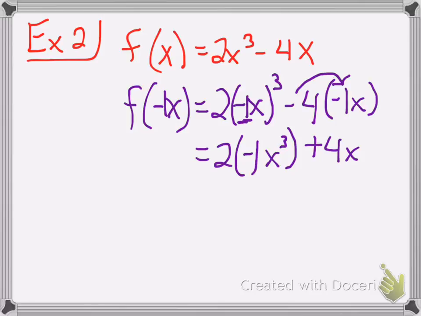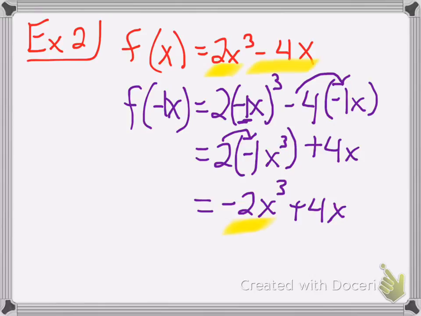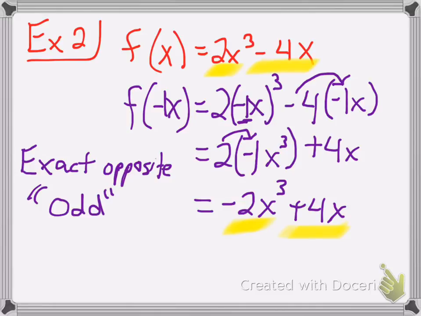In the red original function, the 2x to the third minus 4x, that minus 4x already changed to the exact opposite, positive 4x. So when I say opposite, it's just opposite sign. I highlighted that from yesterday. So exact opposite means that it's an odd function.